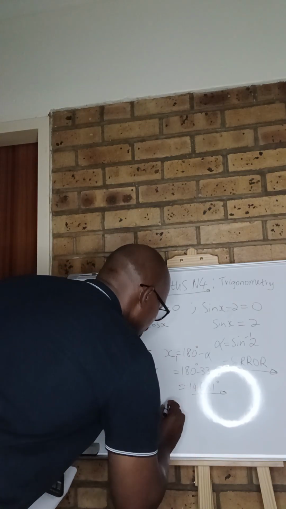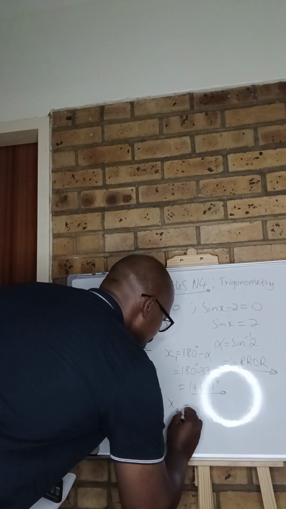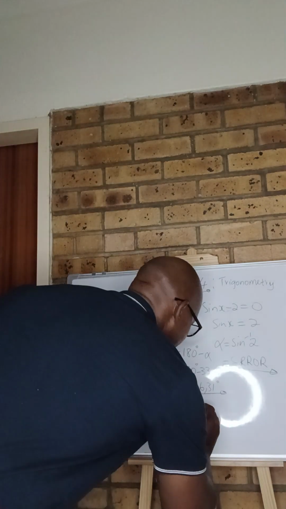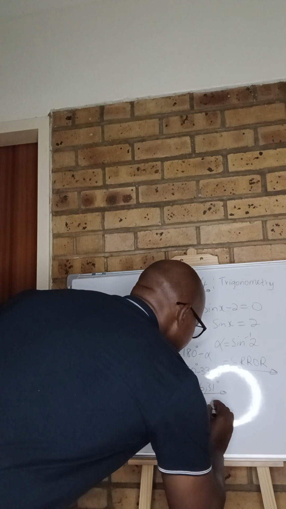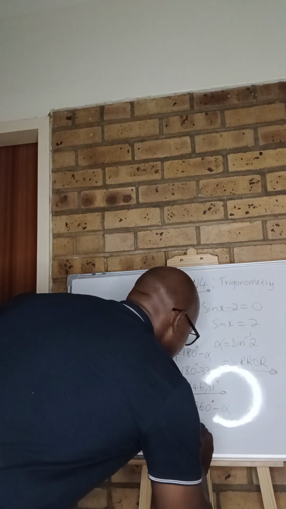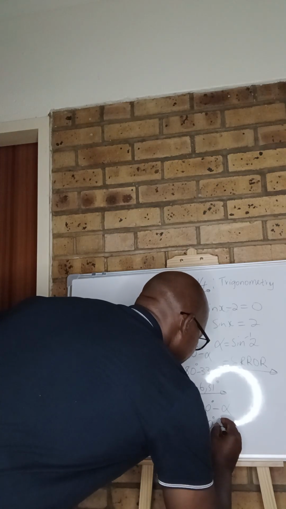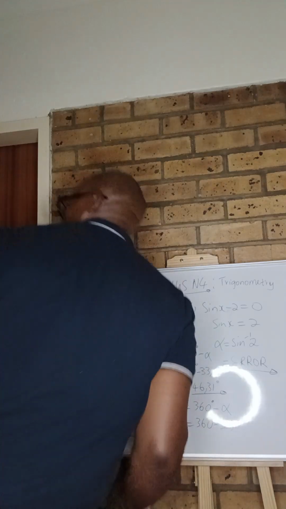Let's name this x1. We'll have to look for x2. x2 is in the fourth quadrant, where tan is negative. The condition thereof is 360 degrees minus alpha. So 360 degrees minus 33.69.